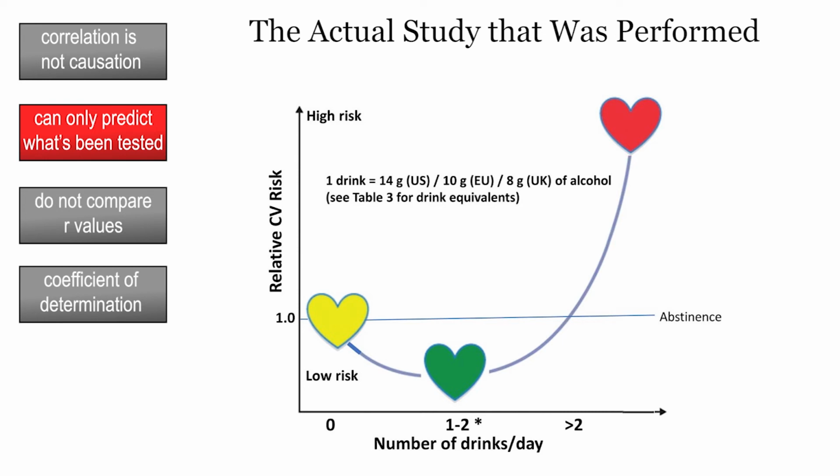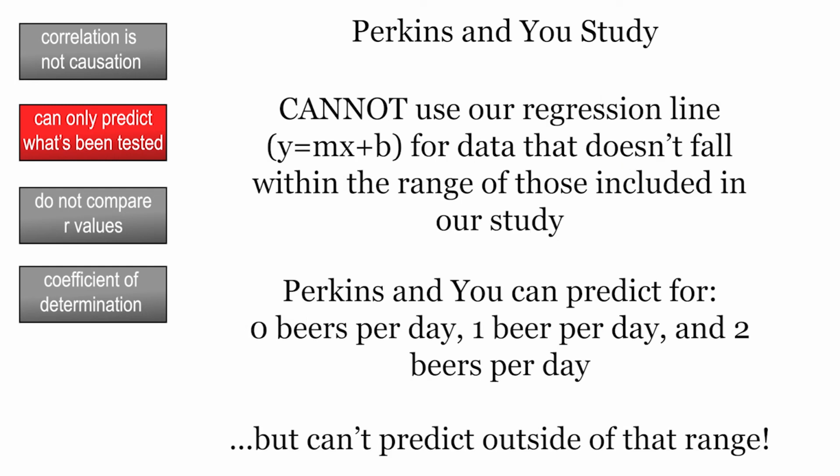Had our study, Perkins and You, included patients who had consumed 8 beers a day, we would have seen that the cardiovascular risk would have actually gone back up. This is why our study illustrates a very important point: it's important to not attempt to predict variables that were not included in our study. Our study simply can't predict the cardiovascular risk for individuals who would consume 8 beers per day.